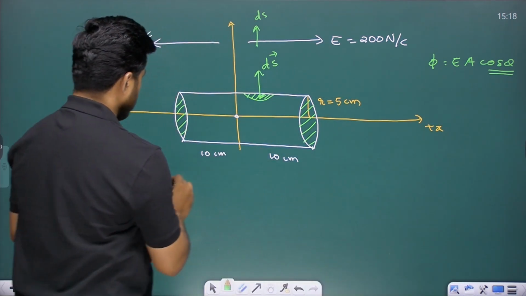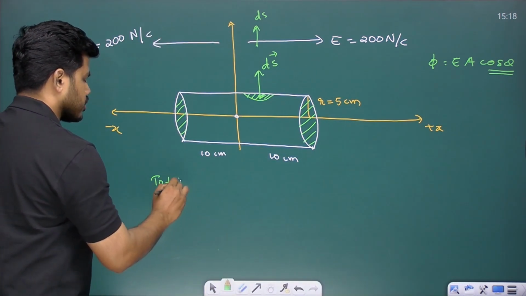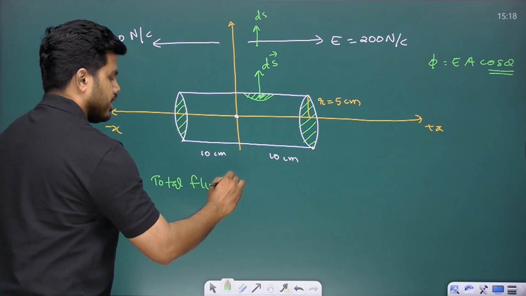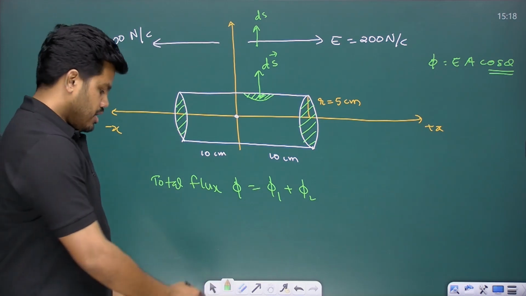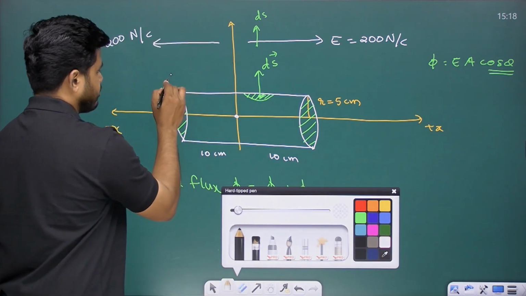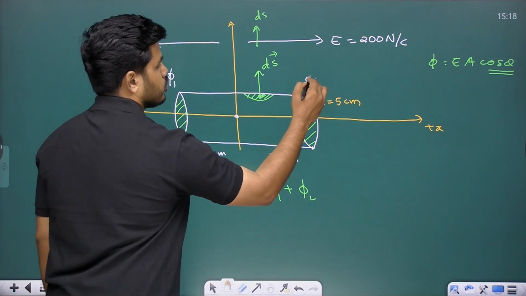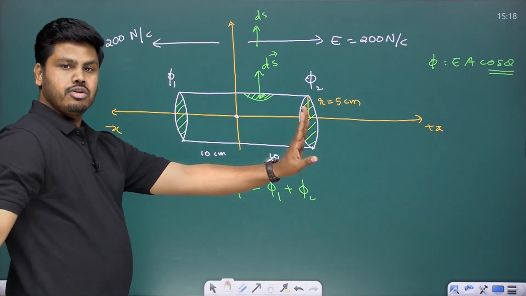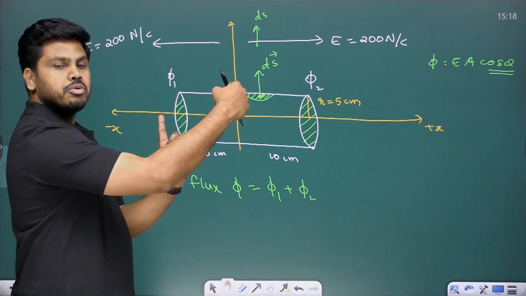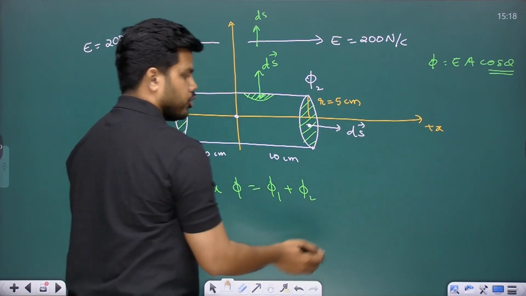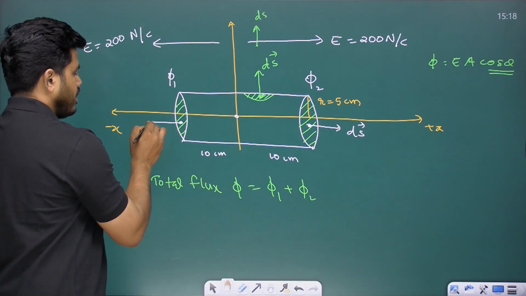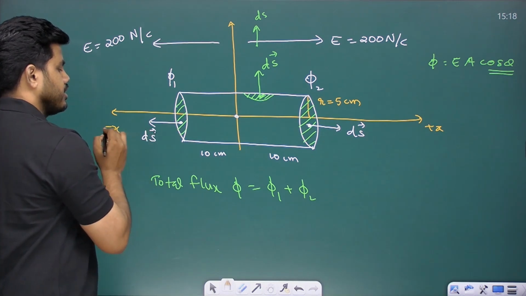So the total flux is going to be phi equals phi 1 plus phi 2. Phi 1 is the flux from the left surface, and phi 2 is the flux from the right surface. Only the flat faces contribute flux. The direction of the area vector is normal to the surface, outward, dS.